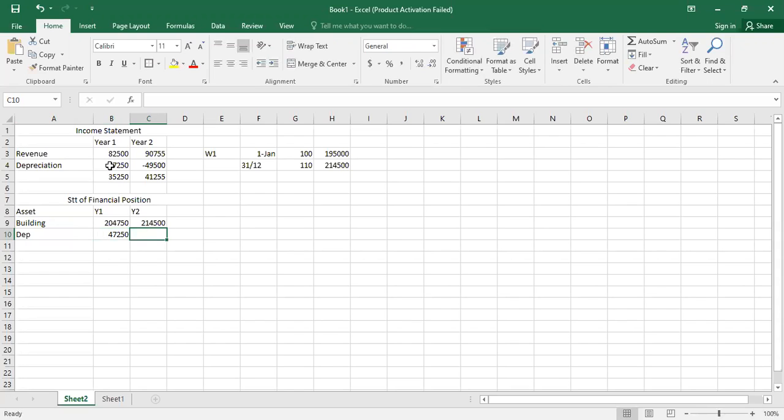We add these two. It is 96,750. Don't forget about the accumulated depreciation. So what are we getting as our net book value?